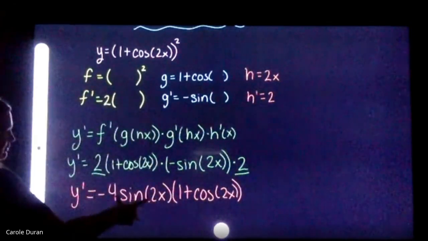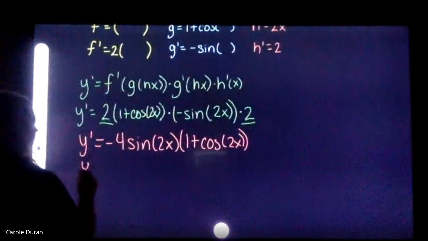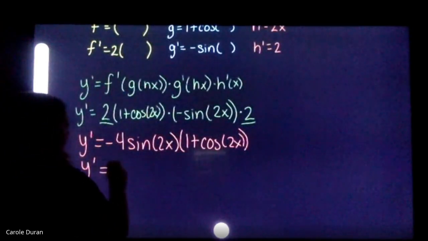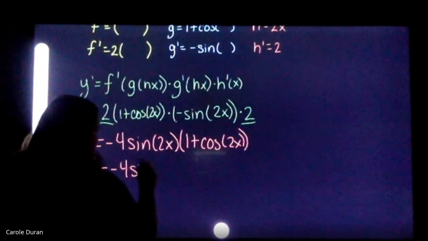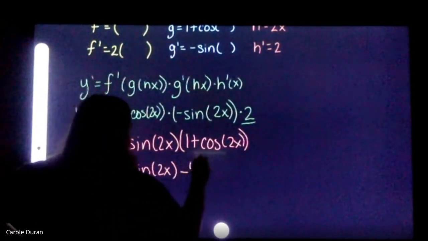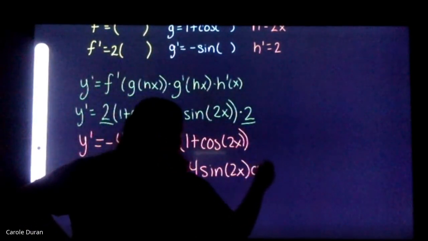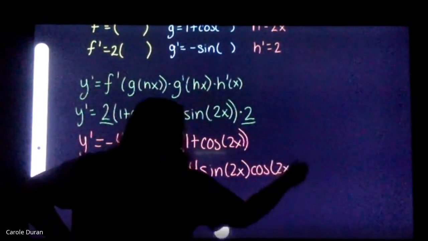And then I can distribute this to each of those values, which leaves me with y prime equals negative 4 sine of 2x minus 4 sine of 2x cosine of 2x. And then I'm done.